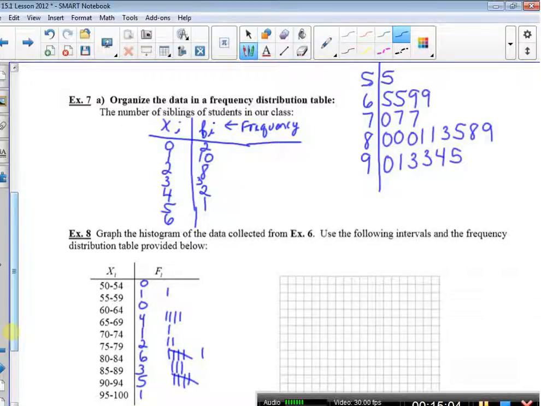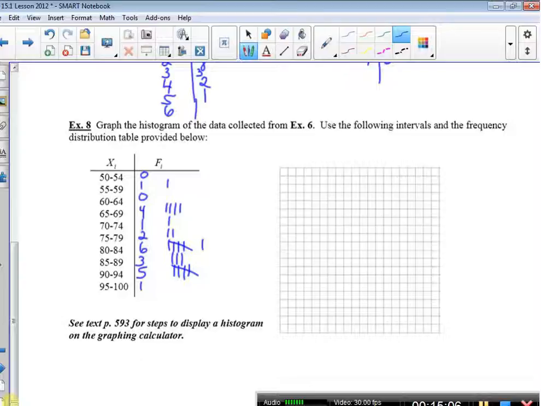All right, so now to set this up, I'm going to use the edges because otherwise I'm going to run out of room. If I was doing this not on the smartboard, I'd be using a straight edge. So I'm just going to start here, and I have to write these on the side. These are the intervals of the grades, and I might have to extend it.